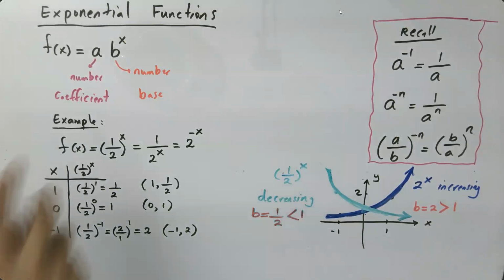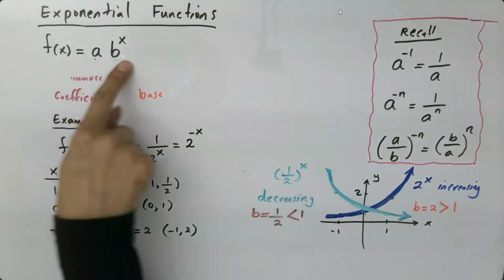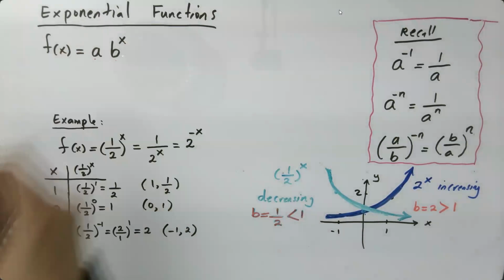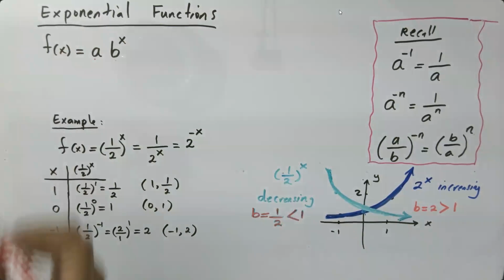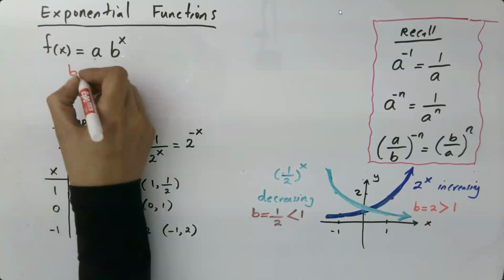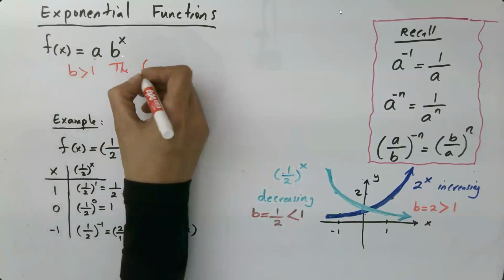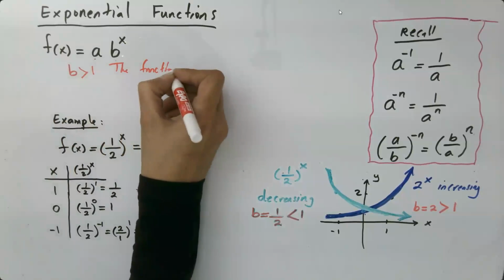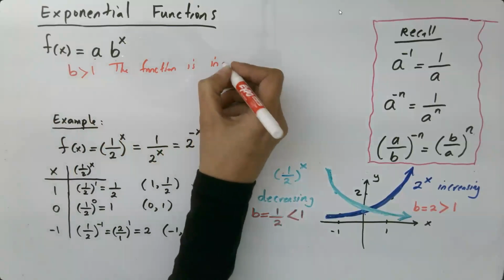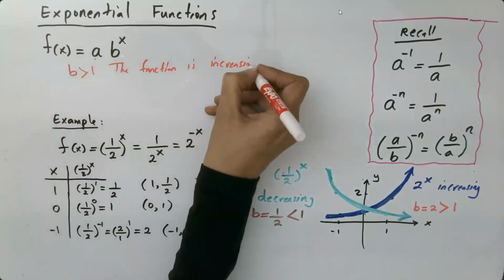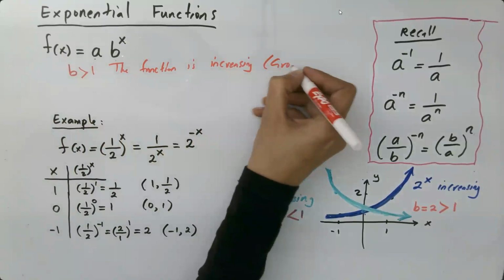We can say that, hey, as long as I have an exponential function, if the base is larger than 1, the function is increasing, or I have a growth function.